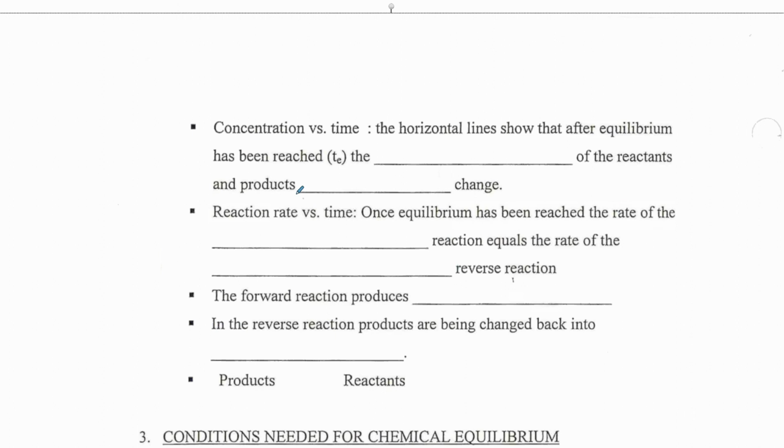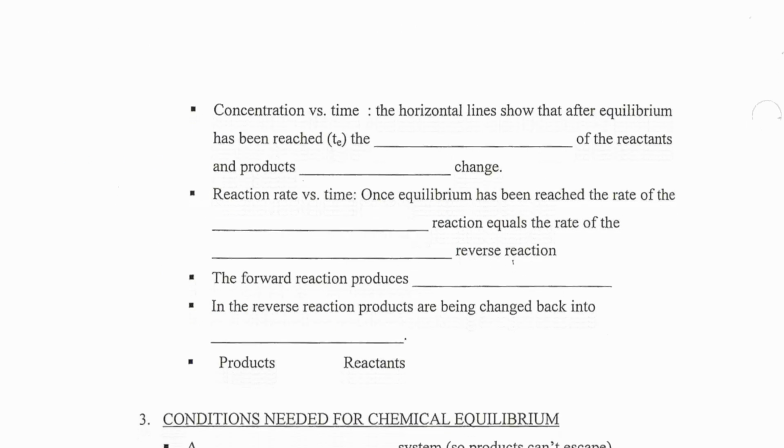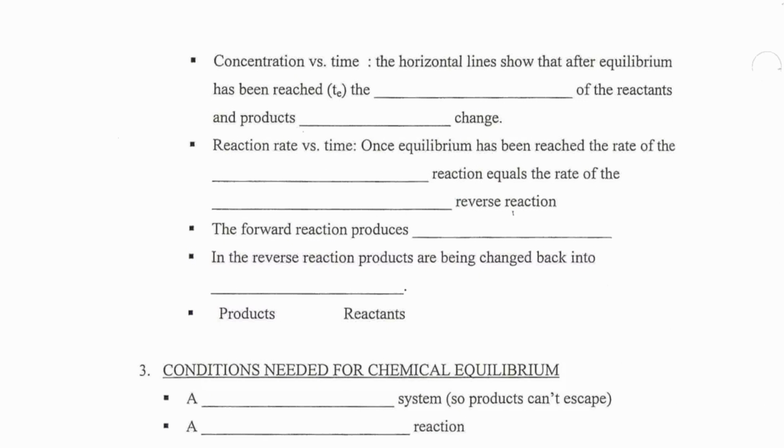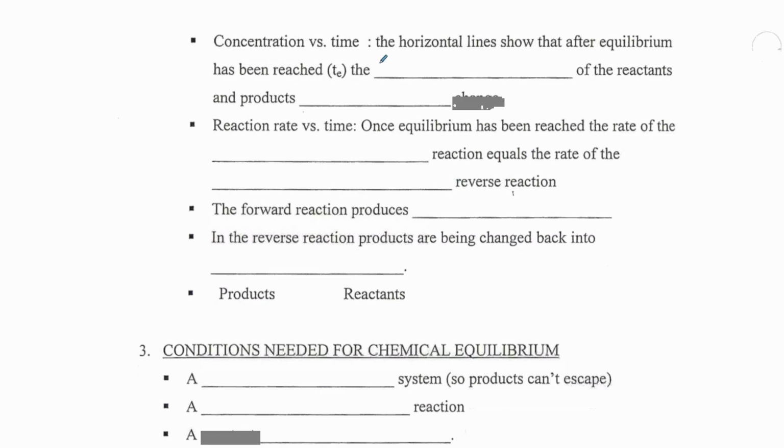Okay, let's finish up this little bit about the overall idea of reversible reactions and equilibrium, and then we'll get into some calculations. So concentration versus time, this is just explaining the graphs as I just did. The horizontal line shows that after equilibrium has been reached, the concentration of the reactants and products do not change.